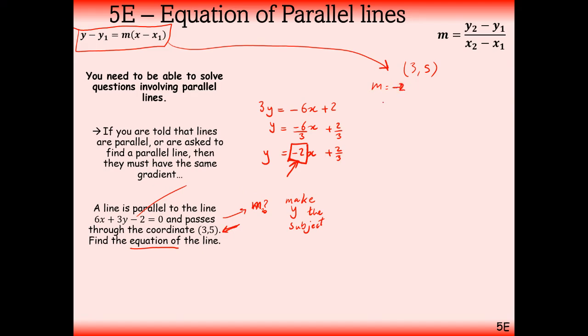So substitute it into that equation. y minus 5 equals minus 2, open a bracket, x minus 3. Now multiply out this bracket. I'm going to write minus 2x plus 6 and then add 5 from the left. So combining those together, y equals minus 2x plus 11 is the equation of the line they want us to find.